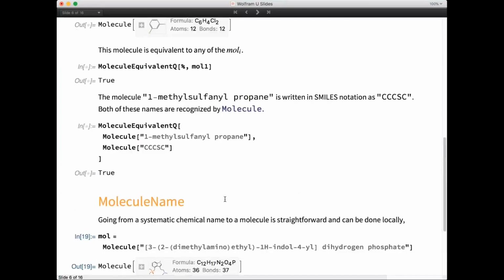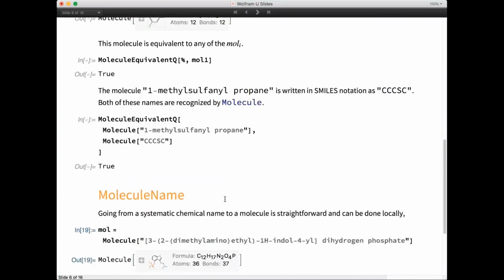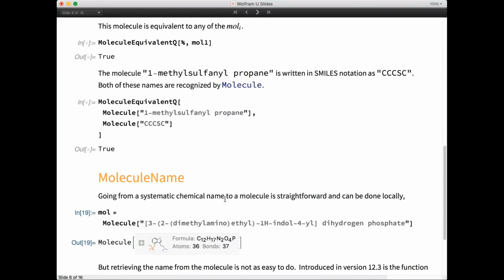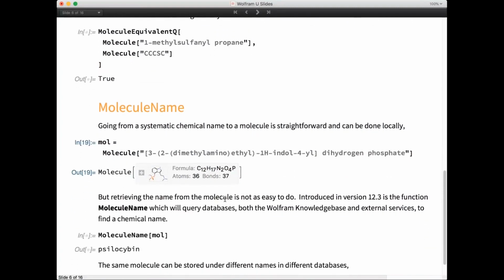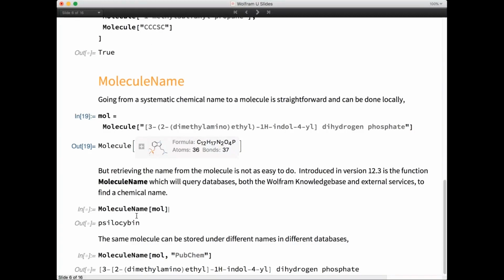And that's actually where those SMILES strings come in really nice, because when you can take your structure and convert it to a canonical SMILES string, you can then send that SMILES string to the database and ask, do you have any records that match this SMILES string? And in this case, they do, and it comes back psilocybin. That is the name that was stored in the Wolfram Knowledge Base.